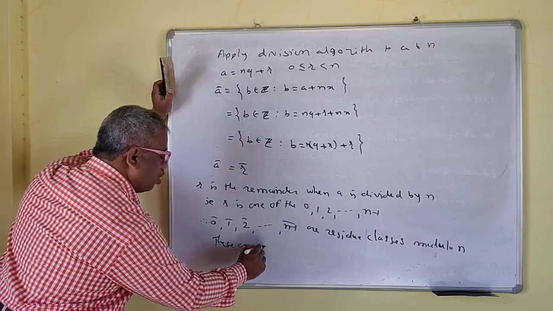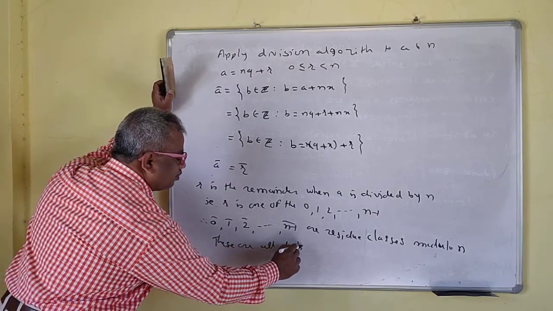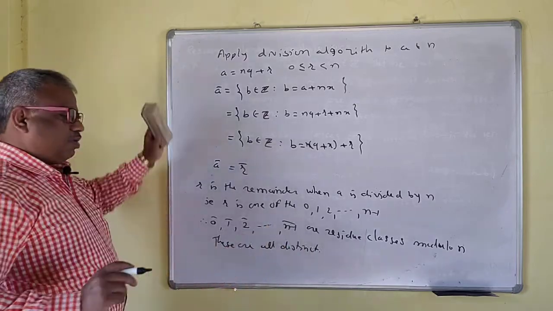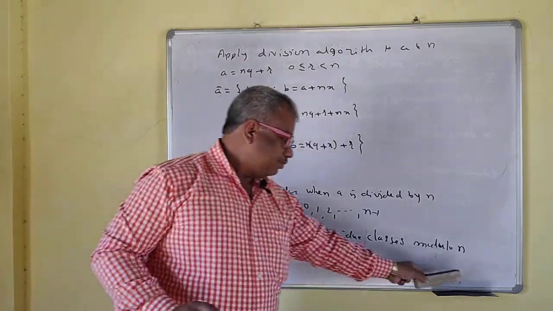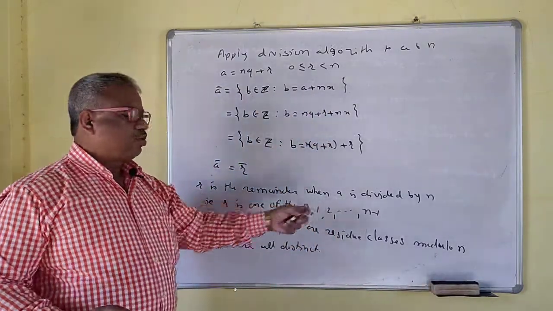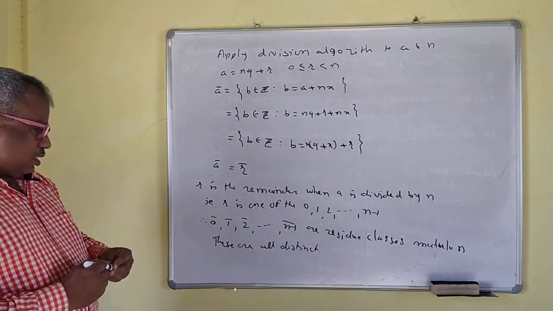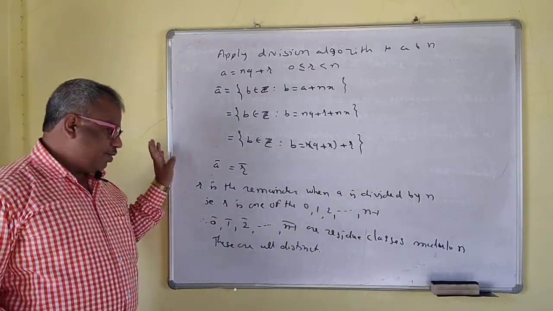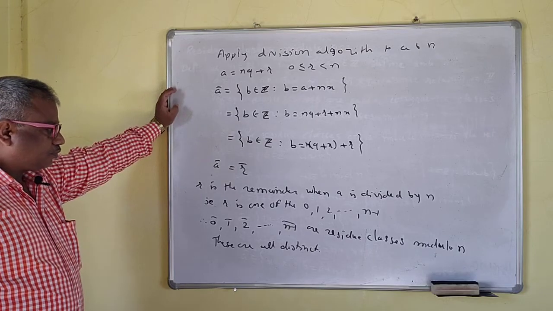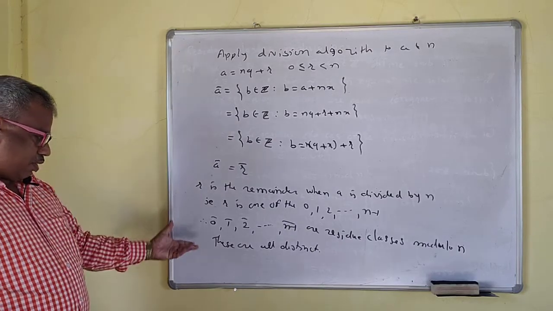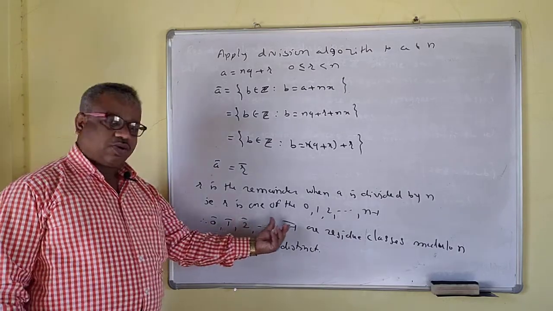These are all distinct, because 0 bar, 1 bar, 2 bar, 3 bar up to n minus 1 bar are all distinct. Okay, so we can check this.